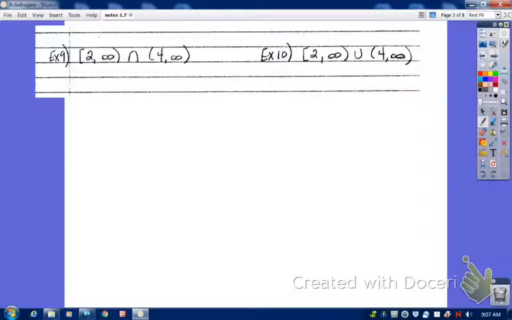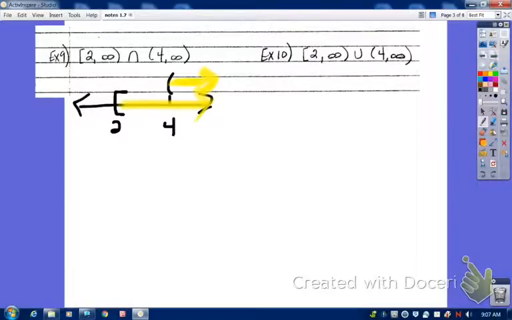What two numbers go on my number line for number 9? 2 and 4. Is this an intersection or a union? It's an intersection, so I'm going to shade bracket at 2, means I'm including 2, and I'm going to go to positive infinity. And then I'm going to do the interval from 4, not including 4, so I use a parentheses, to positive infinity.